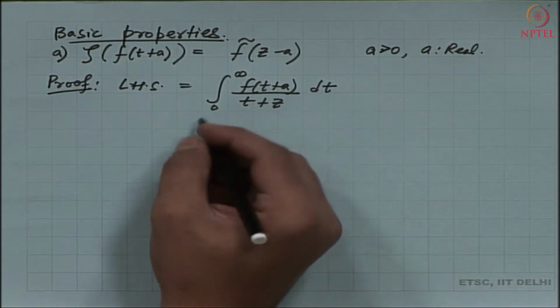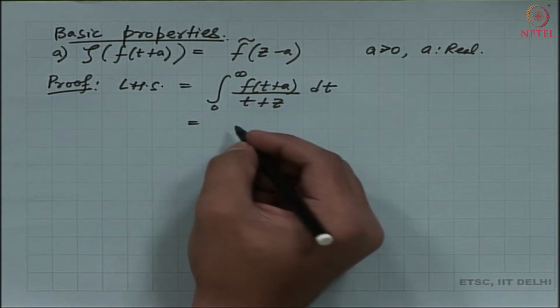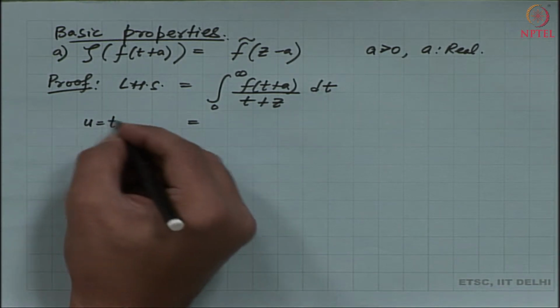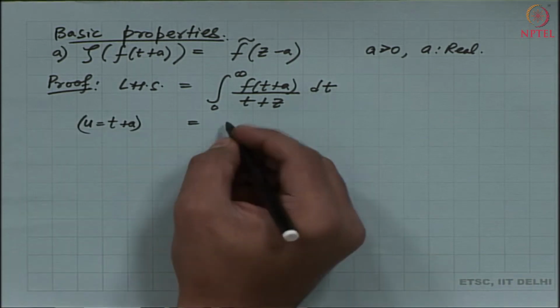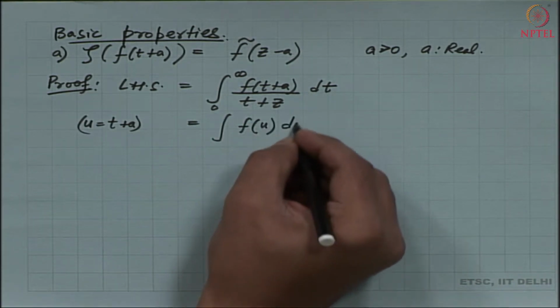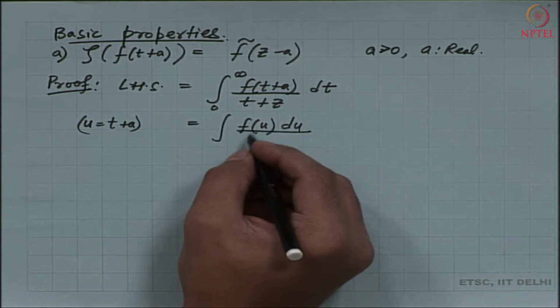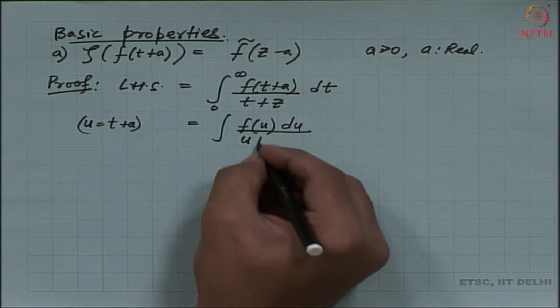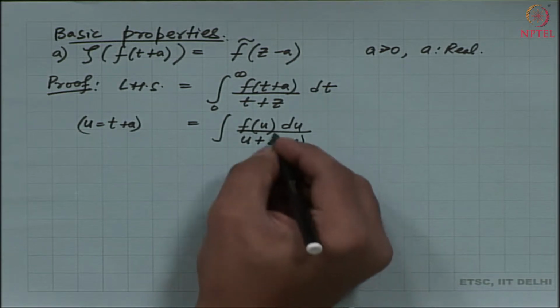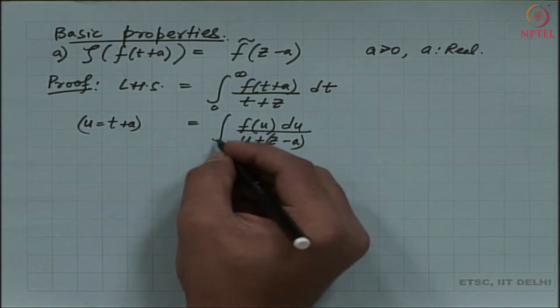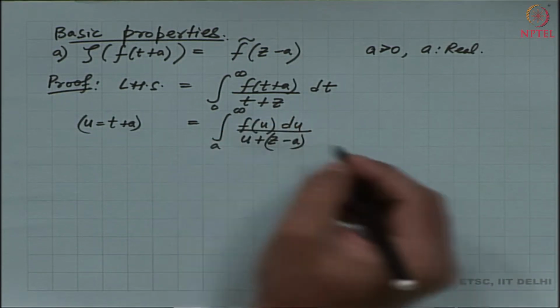If I make the substitution u = t + a, then this integral becomes f(u) du divided by, since t is u - a, (u + z - a), and the integral is from u = a to infinity.